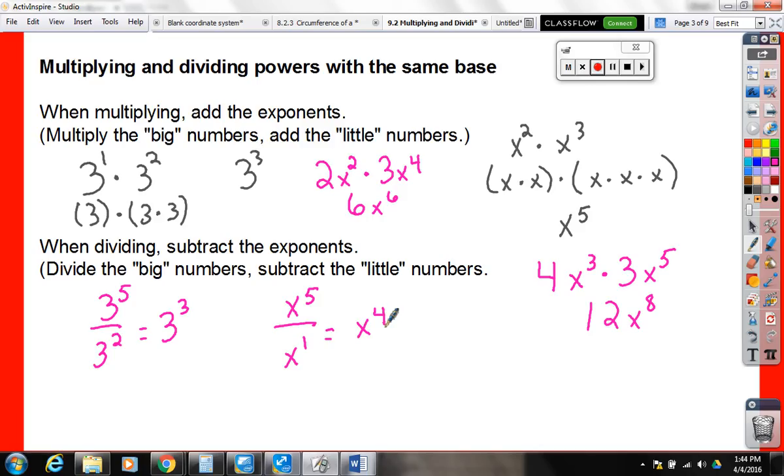If we had 15x squared divided by 5x, we're going to divide the big numbers. So 15 divided by 5 is 3. And we're going to subtract the exponents, x to the first. Good, or just 3x. You don't need to write that 1. The dividing makes a little bit more sense than the multiplication.